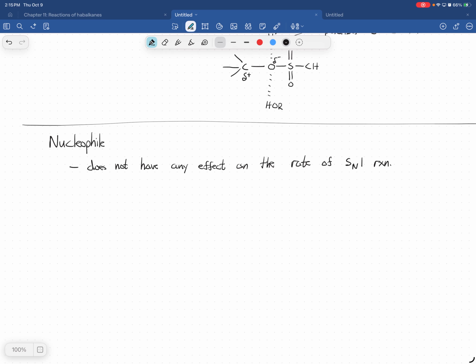The product distribution would be affected by the nucleophilicity of the nucleophile.